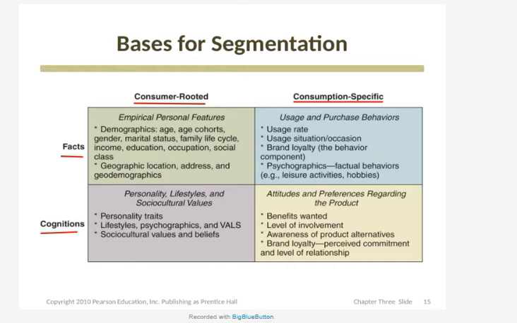Within these two large types, segmentation variables can be based on facts or abstract, as we said, cognition. Okay, let's move on.